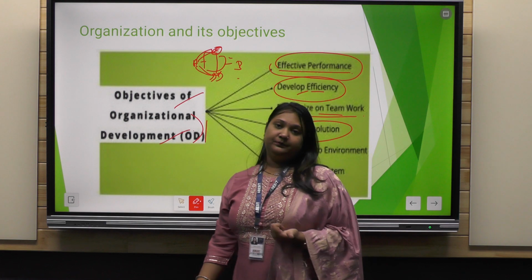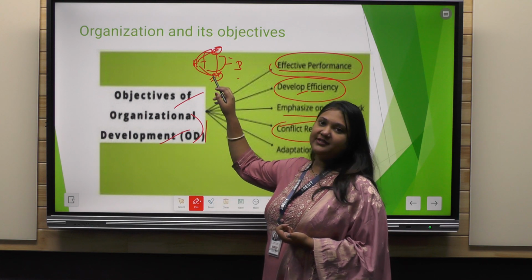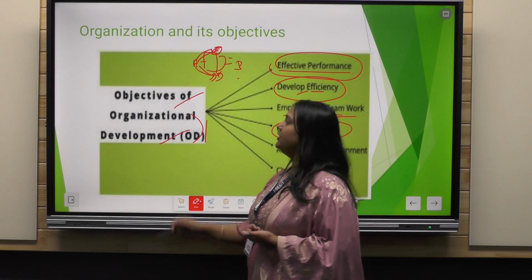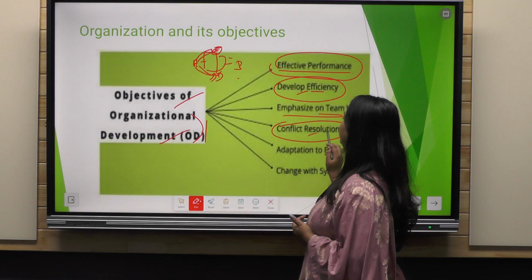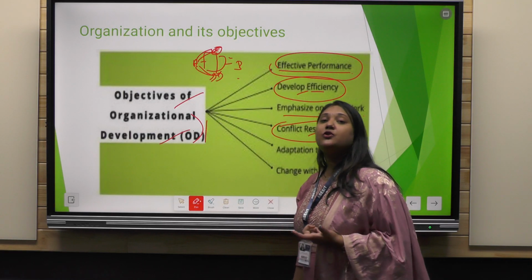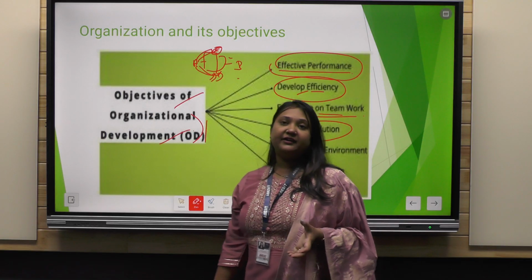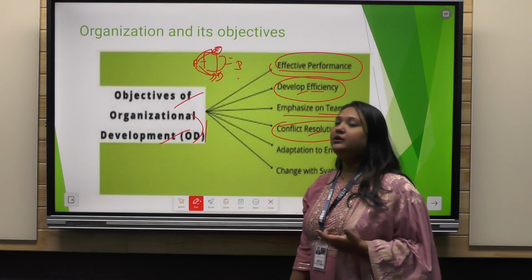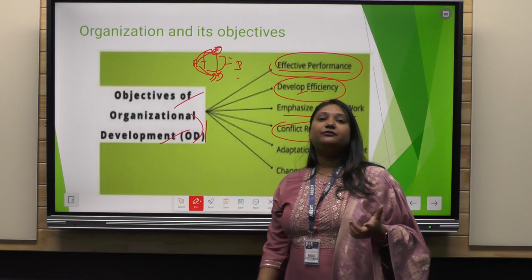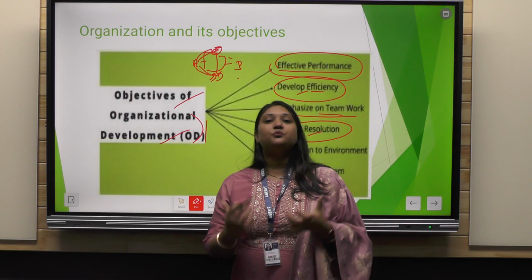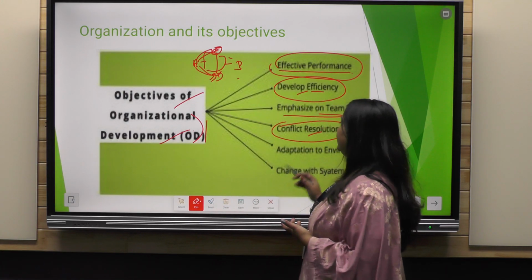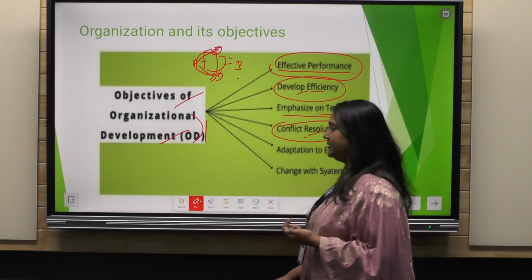I already taught in another lecture what a gangplank is in a scalar chain. So conflict resolution is also a factor that is good for an organization. So we have to keep a smooth structure so that conflict cannot arise.